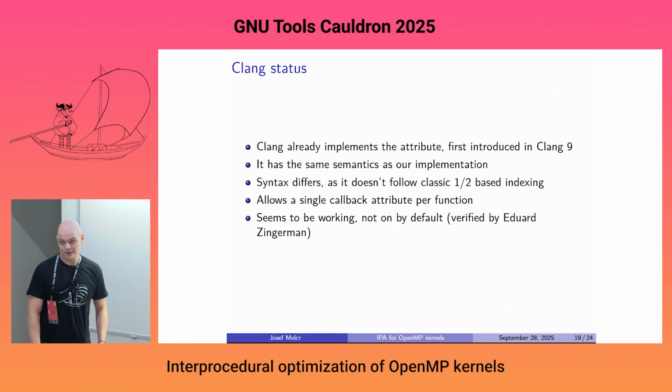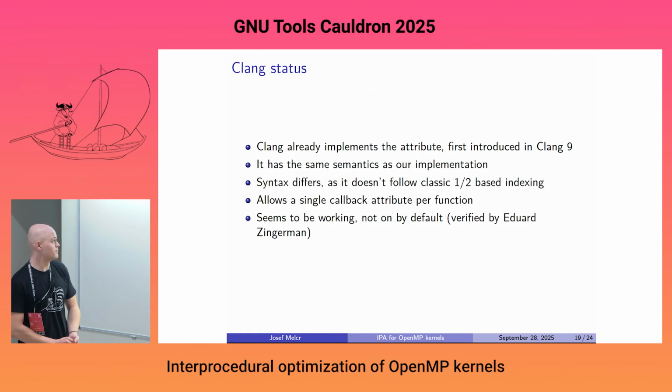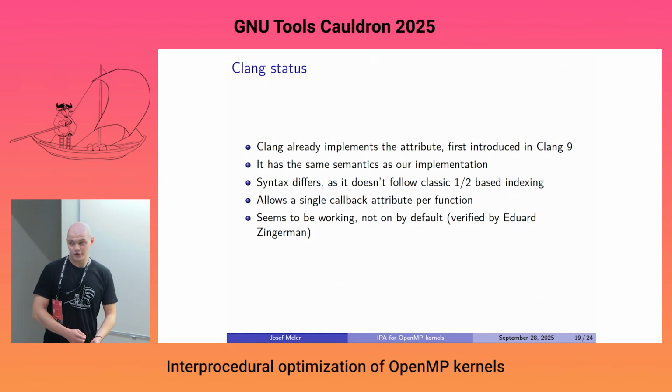Now onto Clang. Clang actually implements the attribute since Clang 9, which is now probably like 6 or 7 years old. Now this is where the IPA BOF sort of comes into play. There I claimed that the attribute is implemented, but it actually doesn't work.